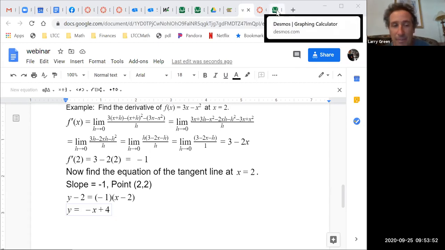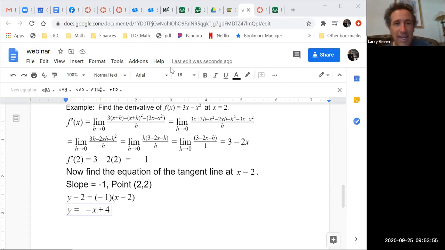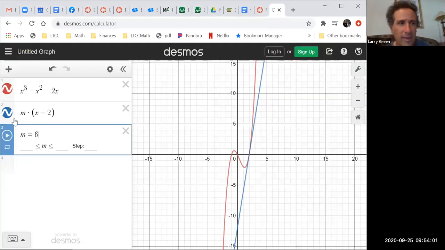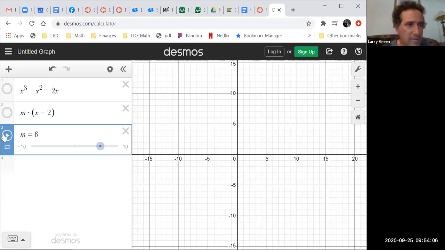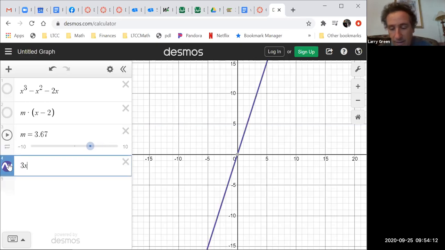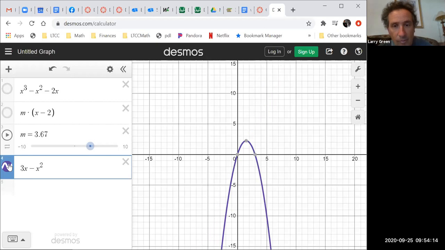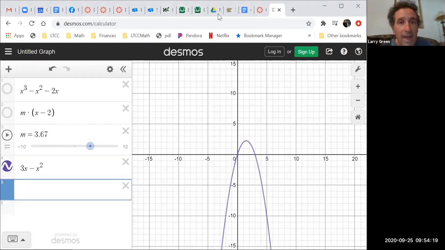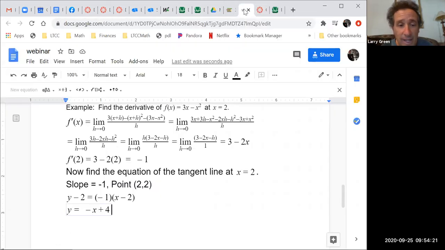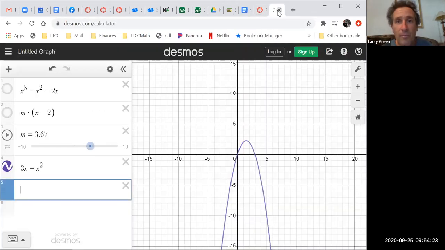We want to graph them on Desmos. So f of x again was 3x minus x squared. And then our equation of the tangent line that we got was -x plus 4.